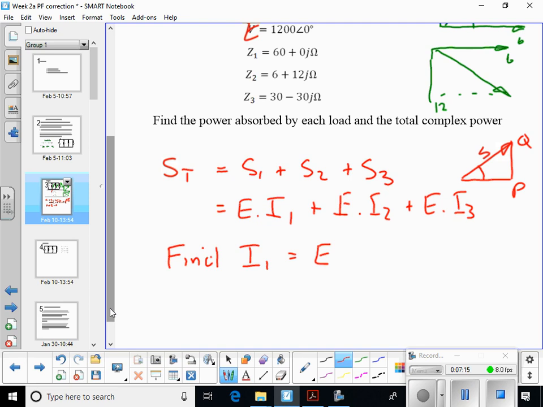I know it's only a resistor, but here we're working with AC and we should be consistent and try to use Z. If we're just talking about the component of a resistance, then you put R. But overall, that's an impedance. So that's E over Z1. Got a voltage of 1200 and the angle is 0, the in-phase component. And the impedance for the resistor is 60 plus 0J, so that's also angle 0 degrees.